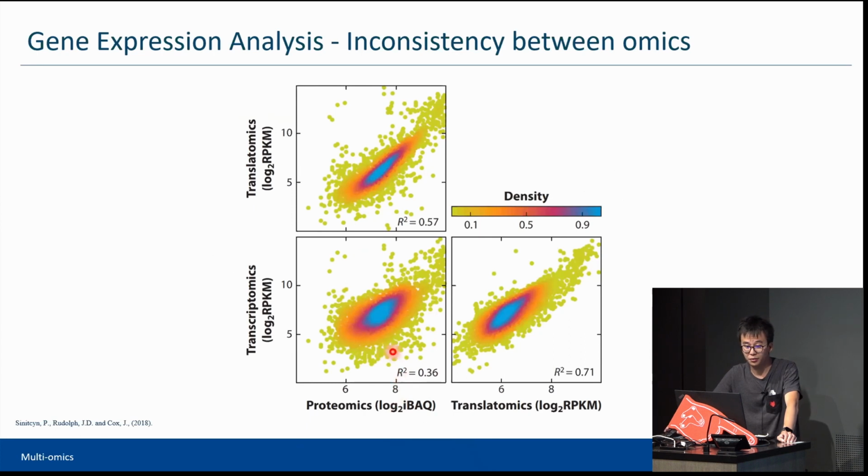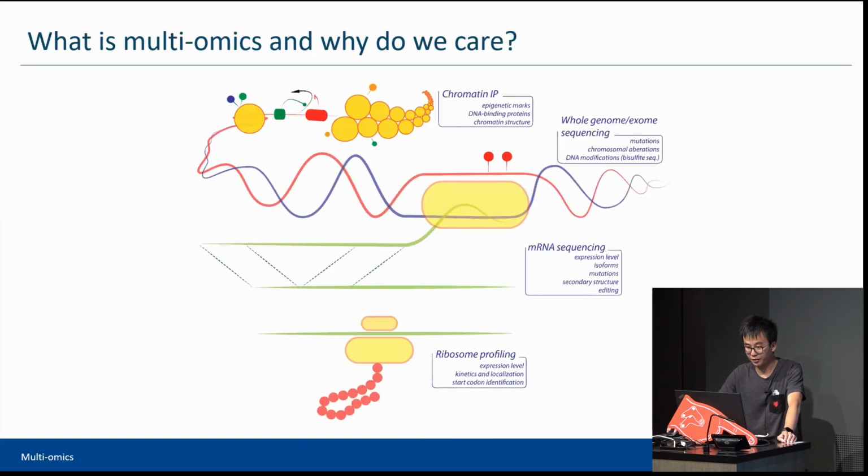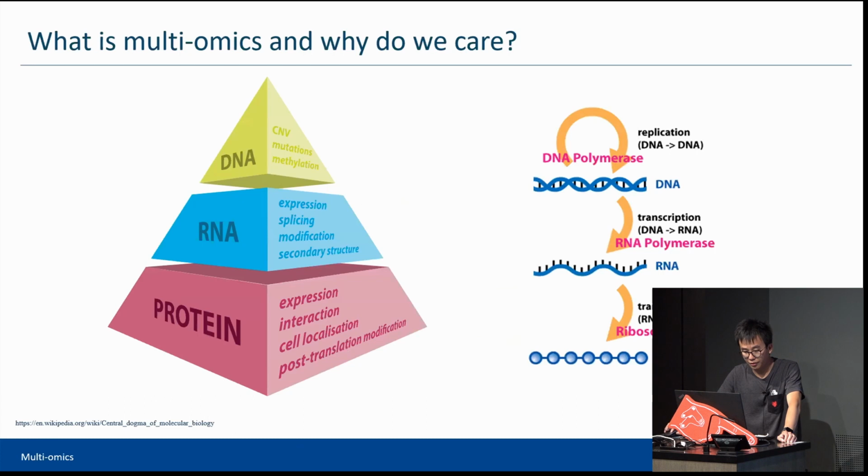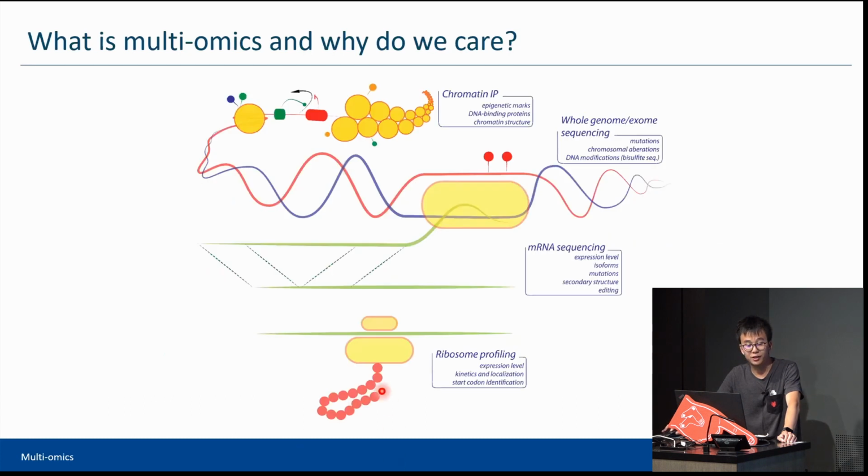And even if you use ribosome profiling techniques, which is shown in this figure, you basically just extract these parts of mRNA that actually bind to the ribosome and sequence them.